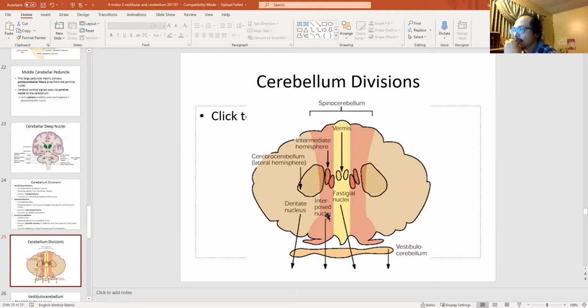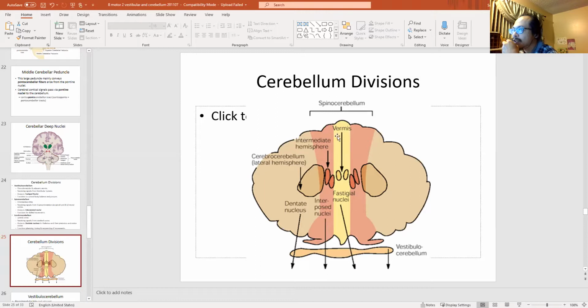We also have the intermediate hemisphere.